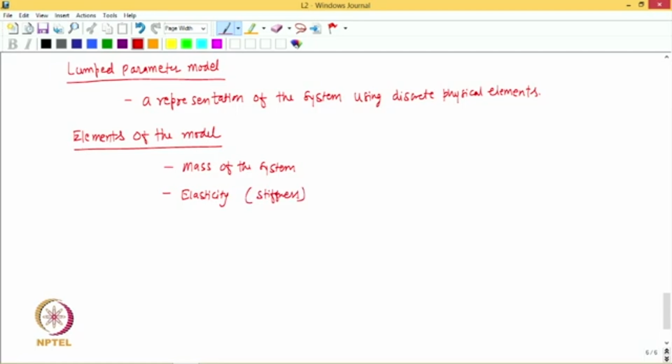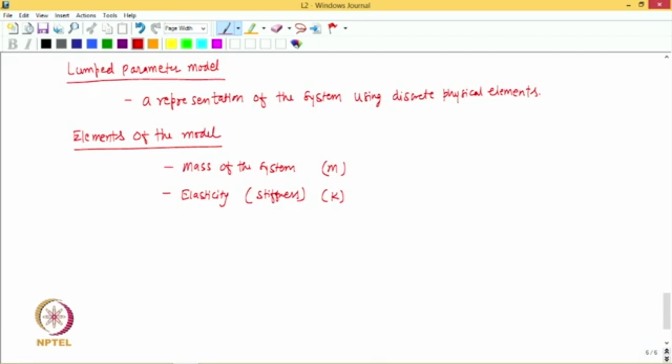Stiffness is the force per unit deflection. This quantity captures the elastic property of the system. So, we need to describe the mass, and we need to describe the stiffness represented by K.